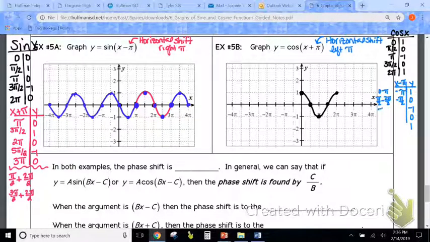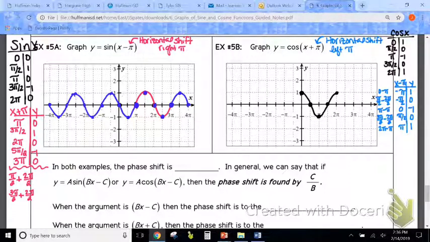And then what is pi minus pi? And what is 3 pi over 2 minus pi, which is 2 pi over 2? Good. And then what is 2 pi minus pi?